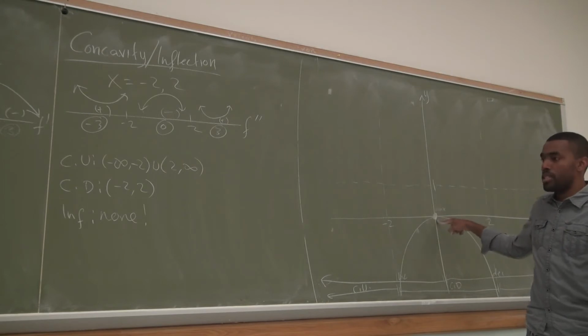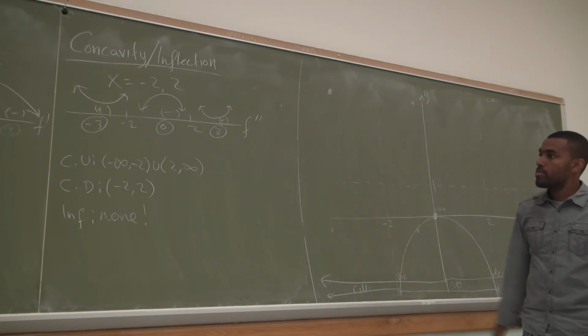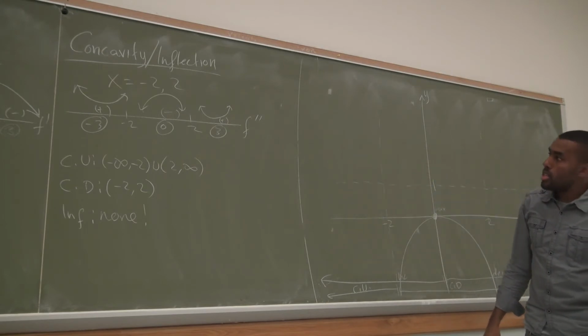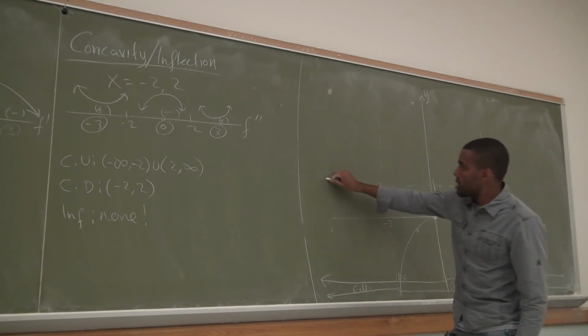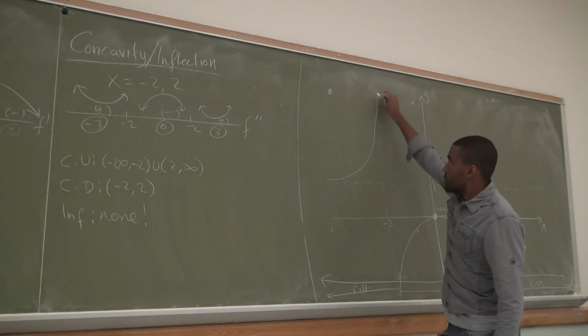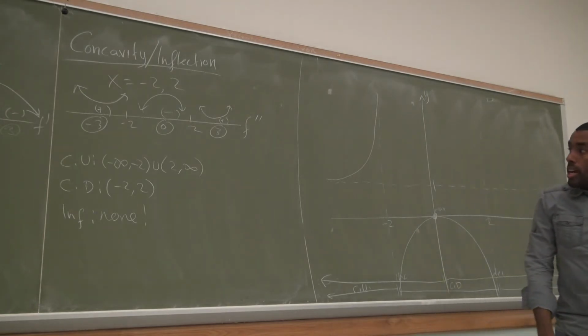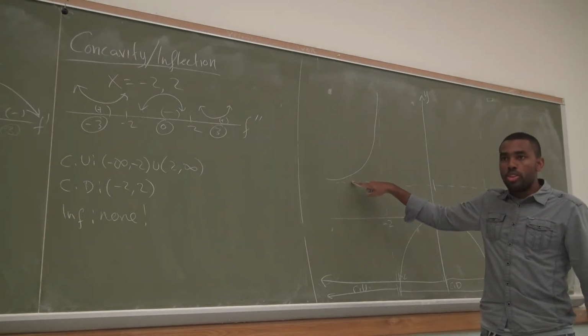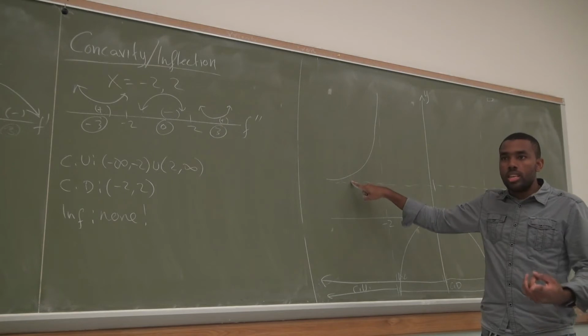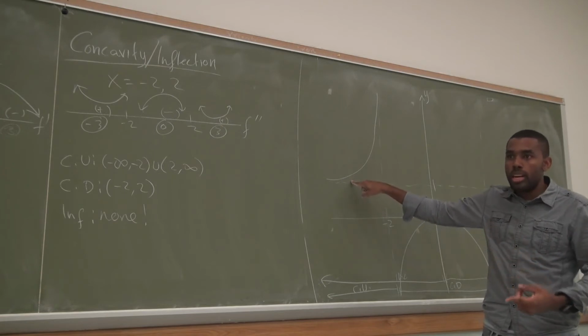The only x-intercept is here, so I have to be above. Can I cross the horizontal asymptote? No. By the way, another way to check for sure whether you cross that asymptote or not is to see, will your y value ever equal 1 in that function?